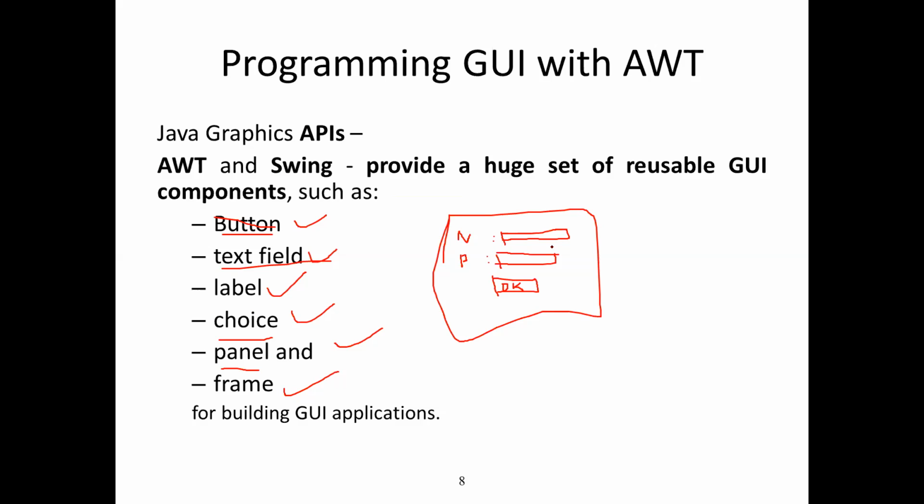And when you are laying out all these things, how do you want to lay out? You want to lay out from left to right, top to bottom, or you want to make it centered. So all those choices are available in the panel class. So I have something called flow layout, grid layout, or border layout.